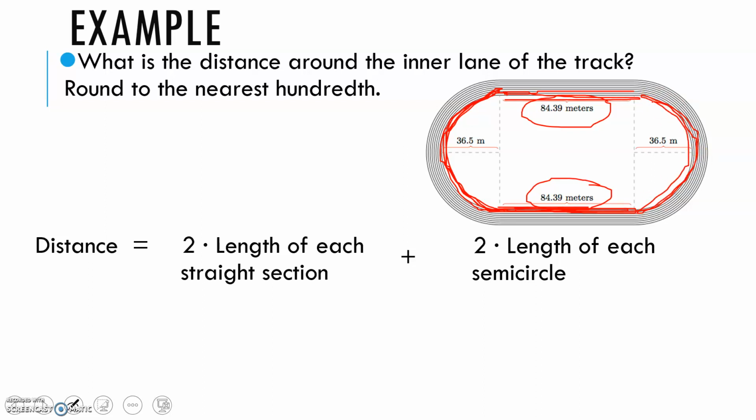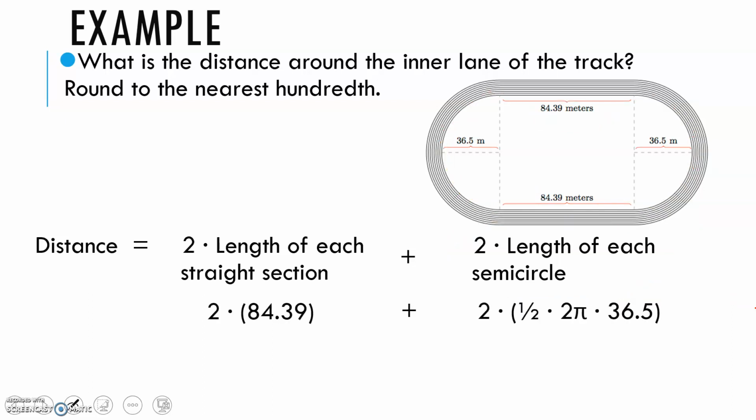You'd be curving around the track, and you curve twice for each semicircle. If you want to think of this as the length of one circle, that would work as well. If that makes it easier for you, you can just add the length of one full circle. Now the 2 straight sections are 84.39 meters each, so I'm going to multiply that by 2.